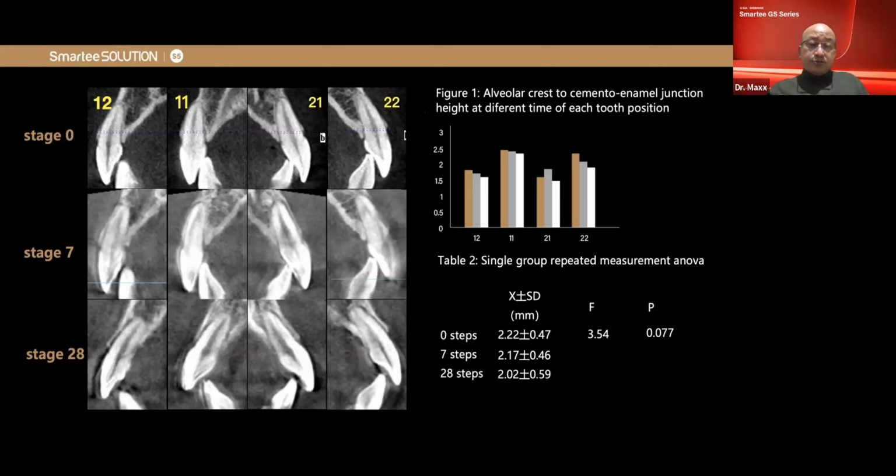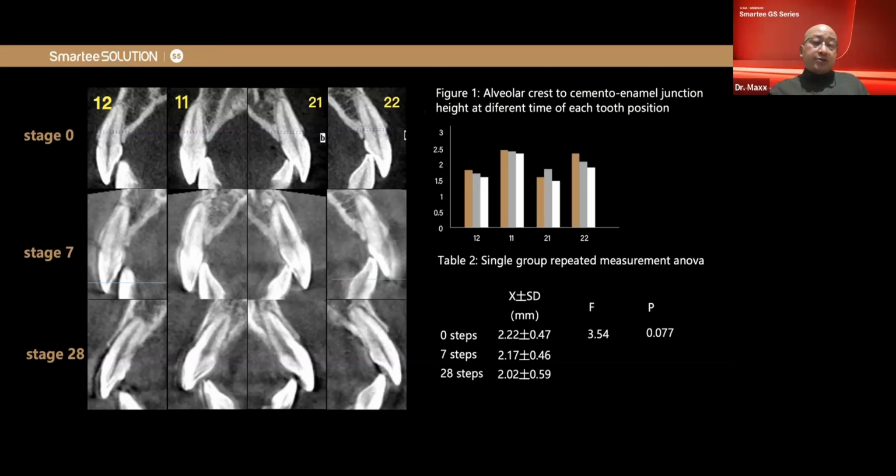So we need to do some measurement. We measure the distance between the alveolar crest and the CEJ, the cemento-enamel junction. The distance we measured at each CT, and we calculated. We found that there's no different height across the three stages.